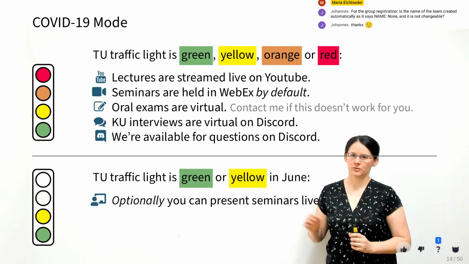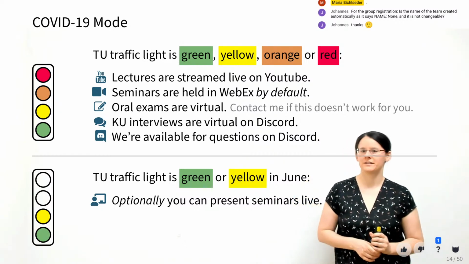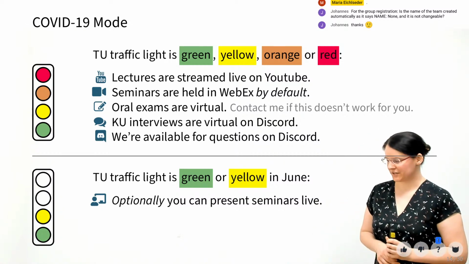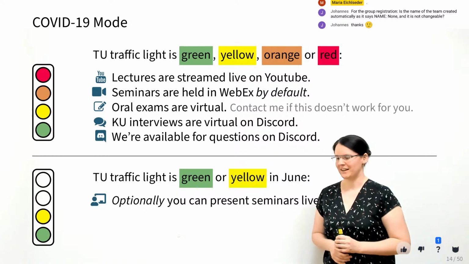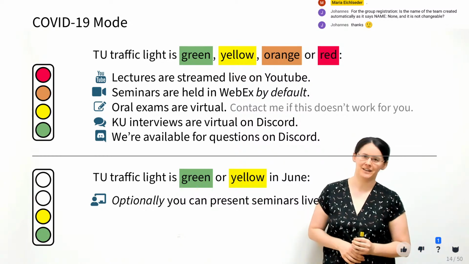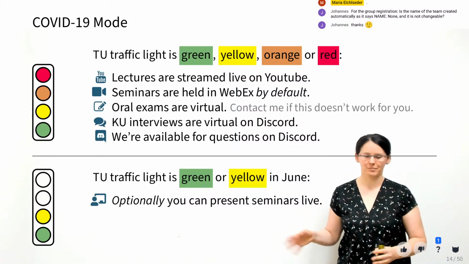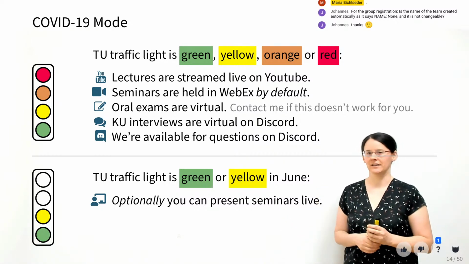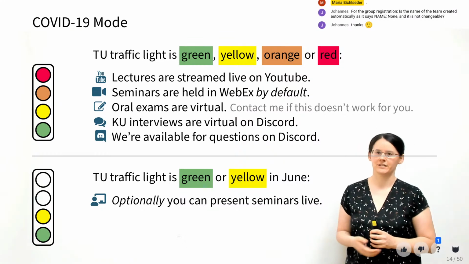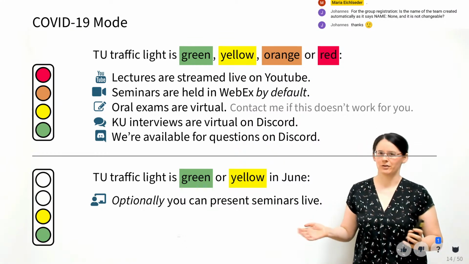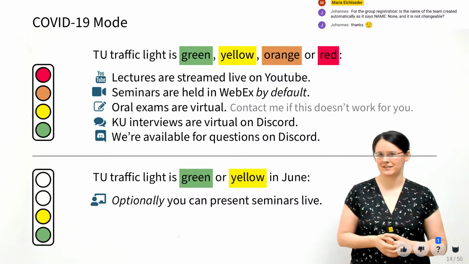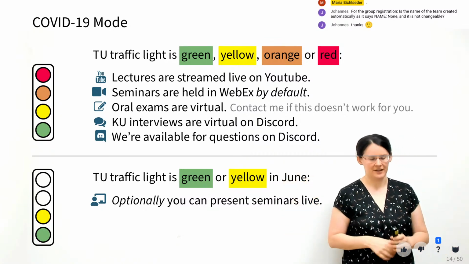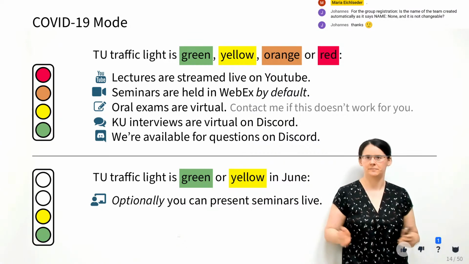You can choose, if you prefer, to present your seminar in an actual lecture hall, because in the future most presentations are going to be in front of a live audience, so you can take more advantage for yourself if you do it in a live setting. You learn more for yourself. And it's also, I can tell you, a lot more fun to present to people instead of a black screen. So if you want to, you can do it live if the conditions are really nice, but you don't have to.